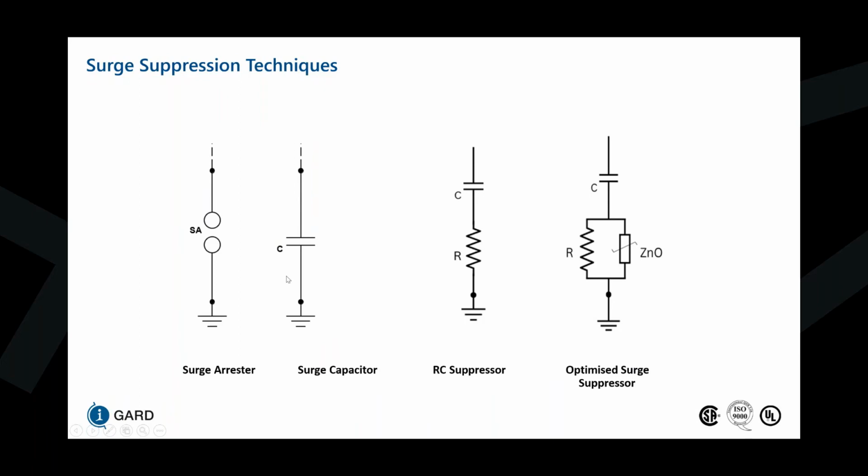Similarly, for the surge capacitor, we see that in normal operation, it has a very high impedance. But when we experience a transient, we see that this can become a short circuit and then that energy can go to ground.